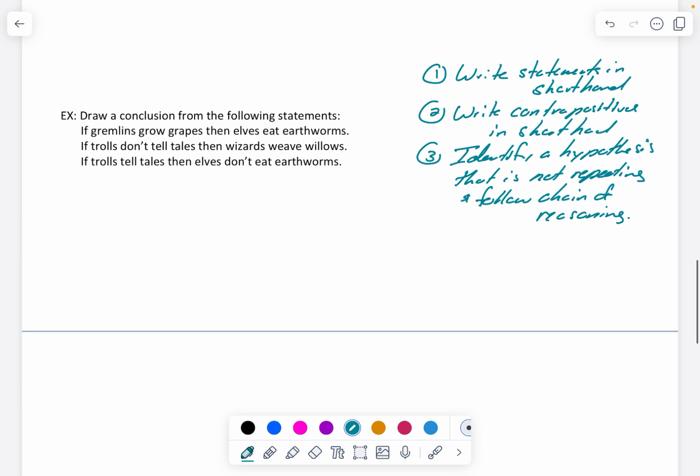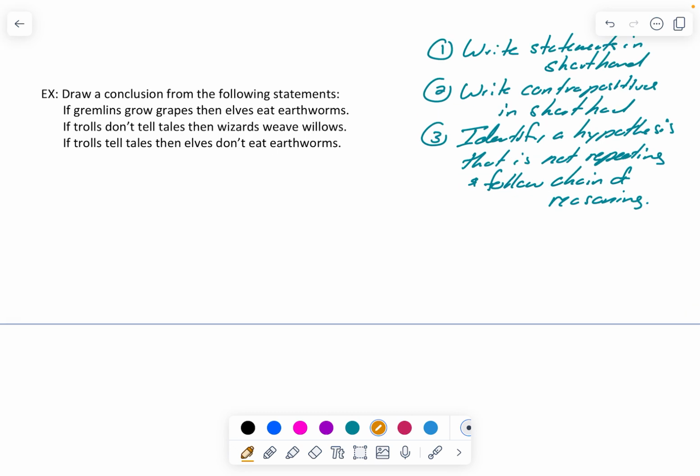All right, so we're going to make up shorthand to do this. So if gremlins grow grapes, then elves eat earthworms. Okay, so that's what we have.